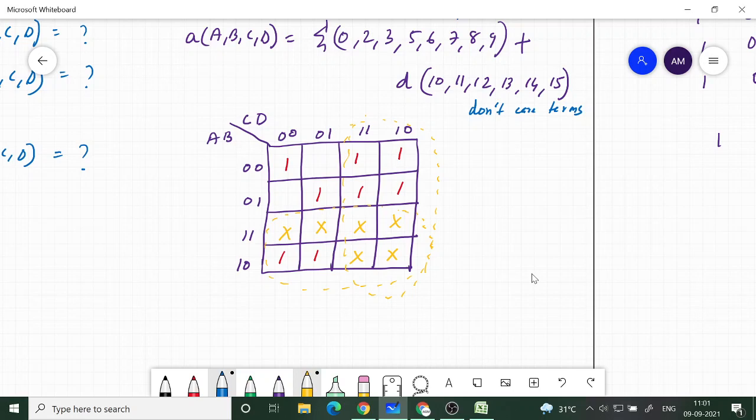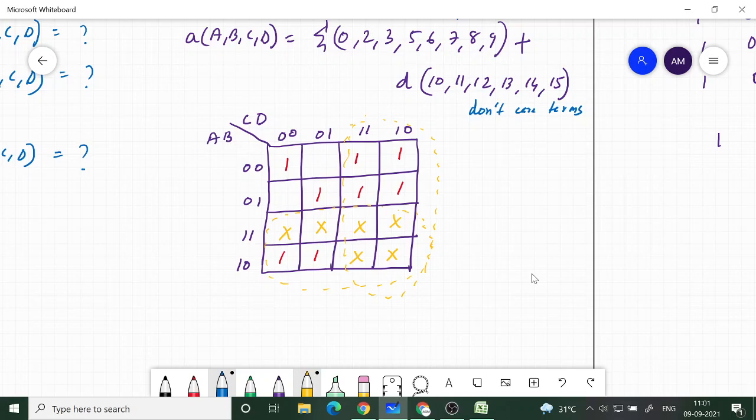I am asking, in order to get the simplified expression systematically, we are using K-map. And in the K-map, we have said that we can use don't care condition in order to get a bigger simplification, to get bigger groups. If you do so, there are two ways you can get a group of 8. This is only two possibilities.